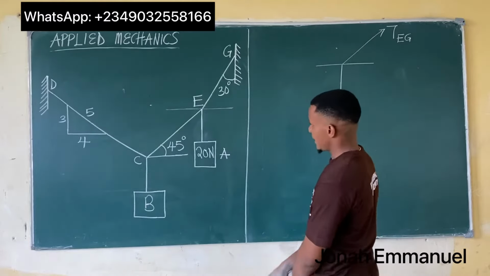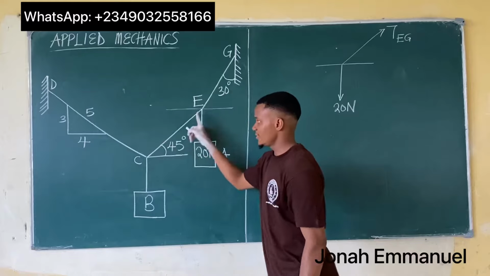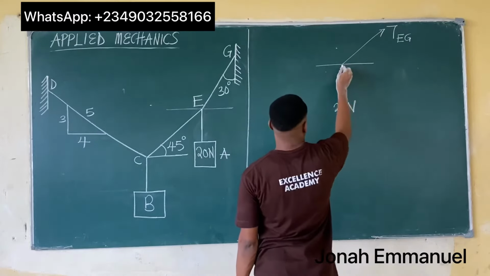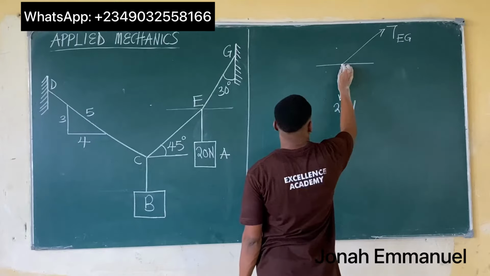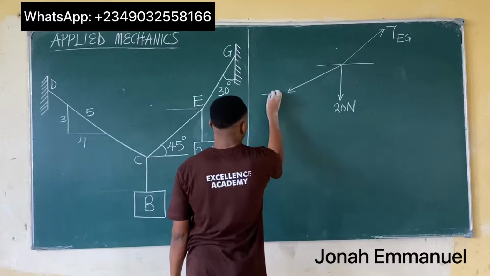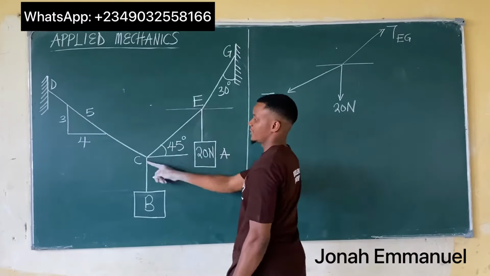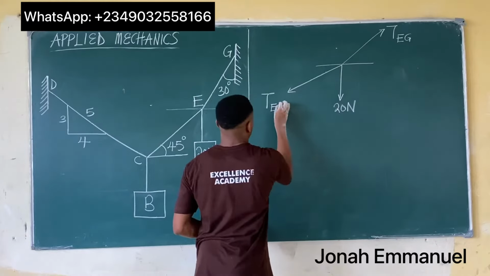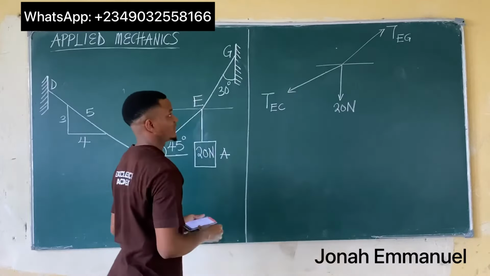What else? I have this one here, TEC or TCE, same thing. So I have this way, something of this nature. So this is C. Whether I call it EC or CE, it's the same thing. But now let me call this EC. If I choose to change to C, it's the same thing.